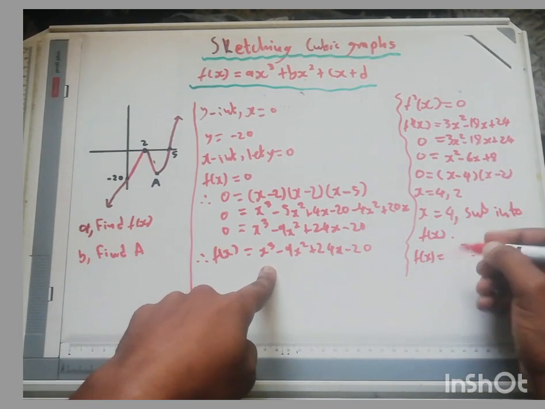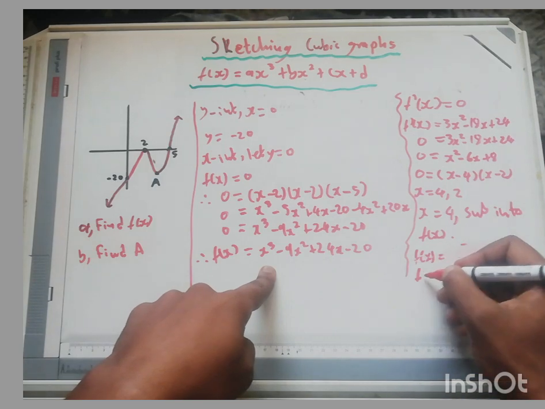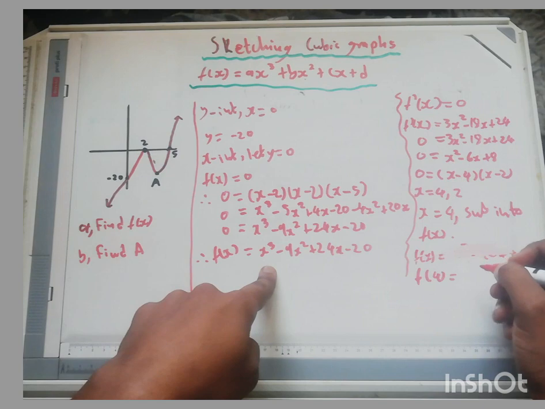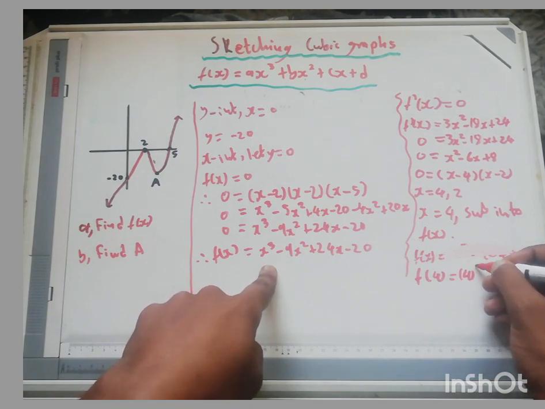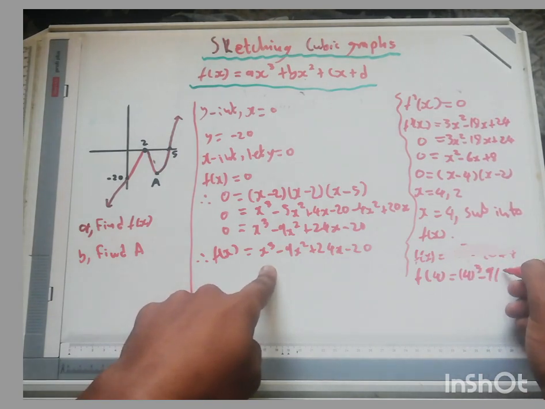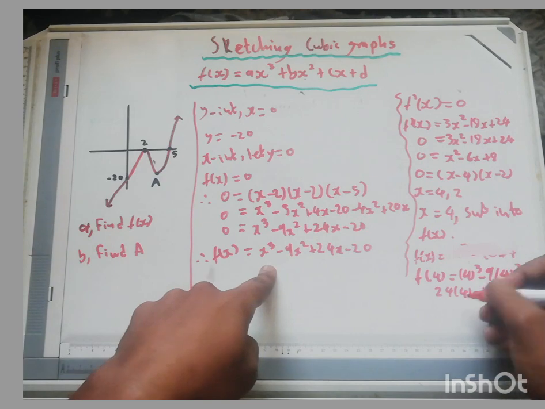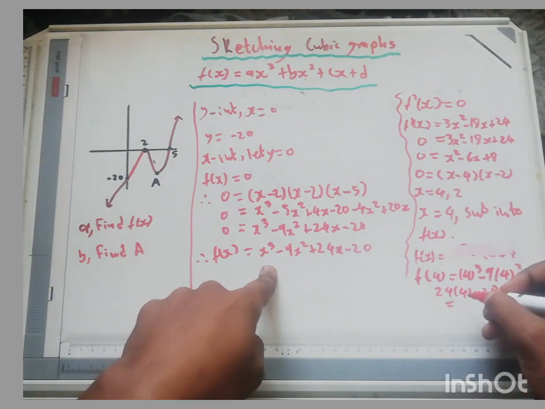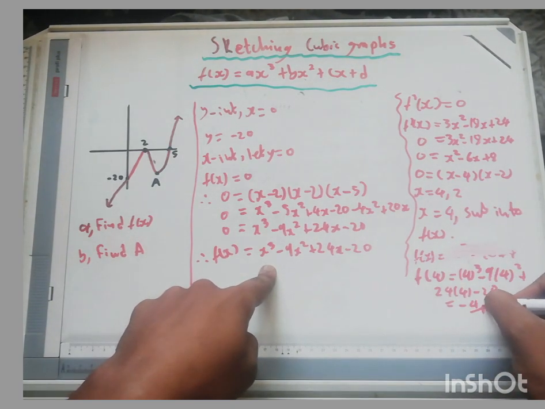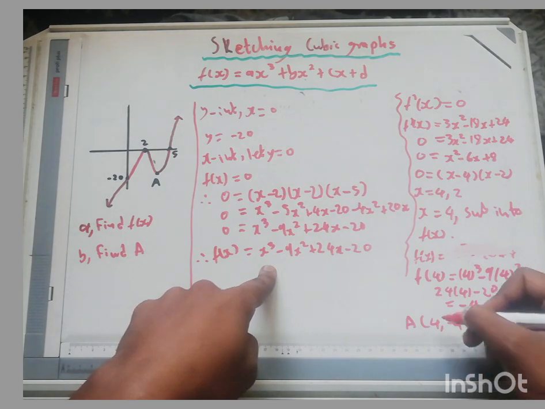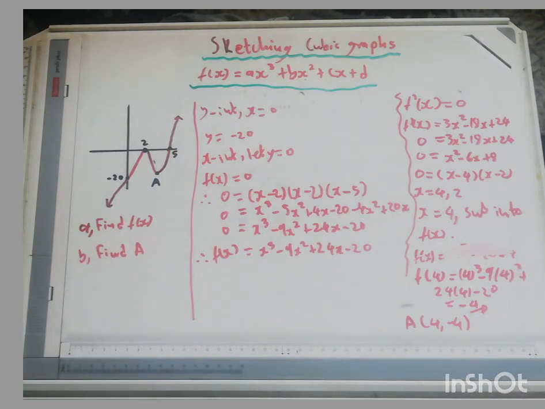So this is the original f of x, so it's going to be f of 4, which will be 4 to the 3 minus 9 into 4 squared plus 24 into 4 minus 20. You'll find out that the y there is actually minus 4. So A is actually 4 and minus 4. So you've answered the question.